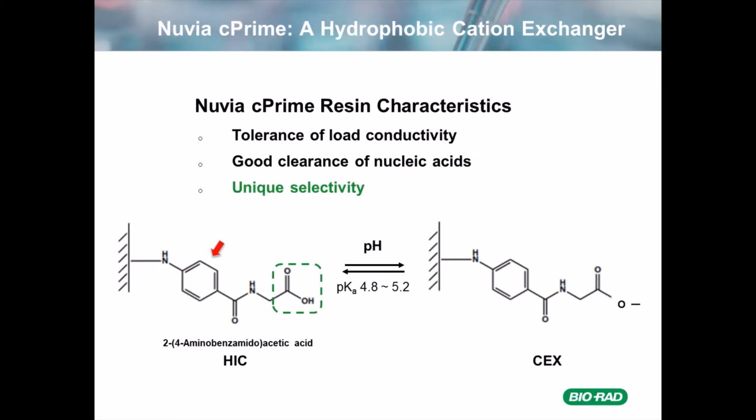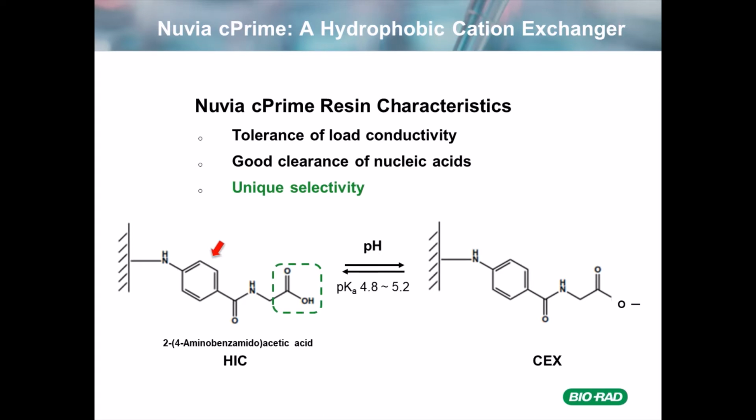So here is the first example I'm showing you. It's Nuvia C Prime, a hydrophobic cation exchanger. The ligand of this resin has a hydrophobic moiety, that's the benzene ring. It also has a carboxylate functional group.